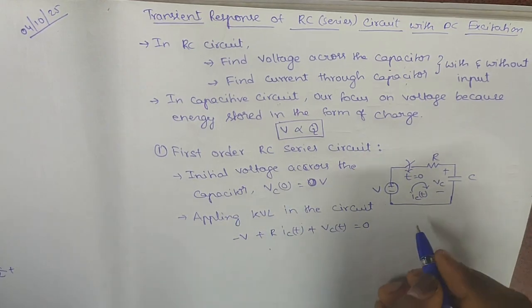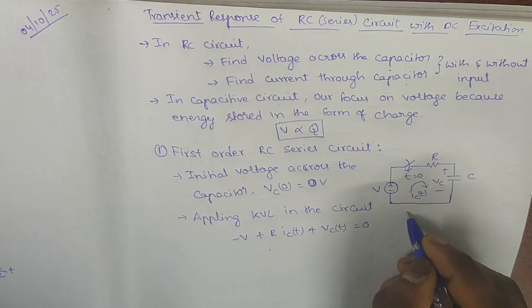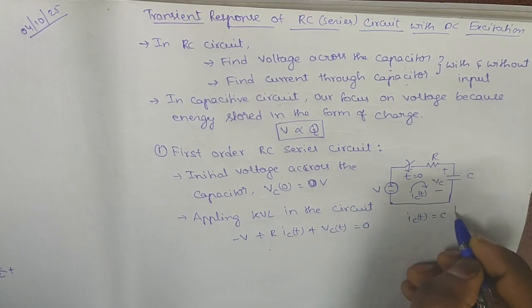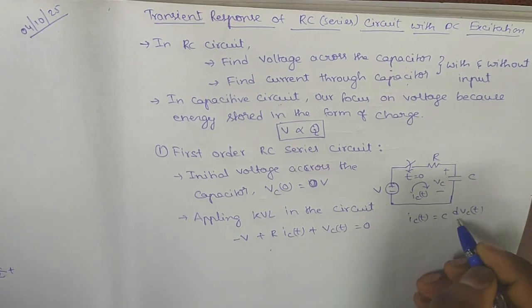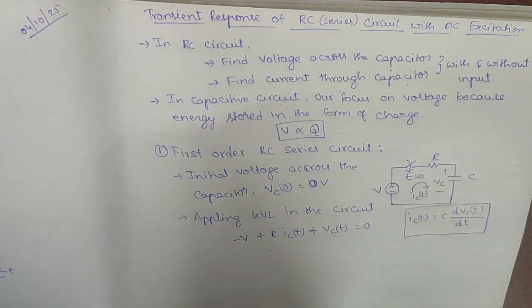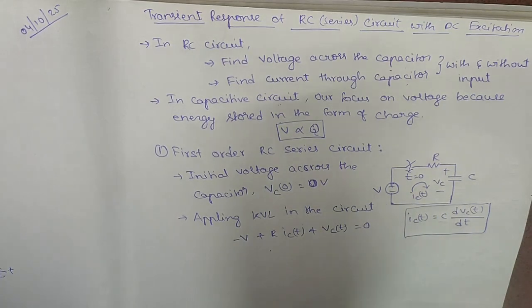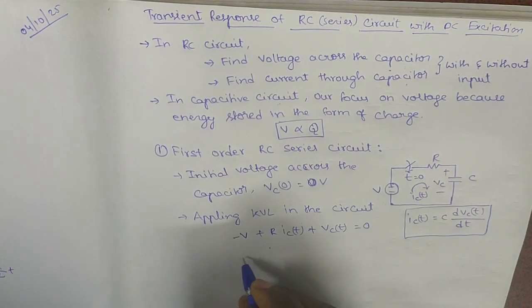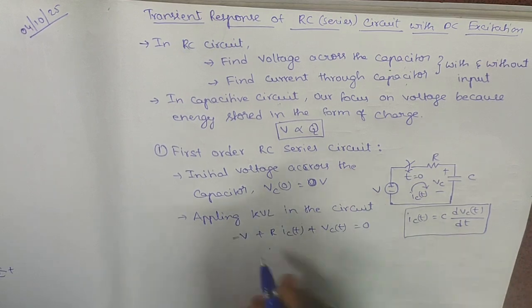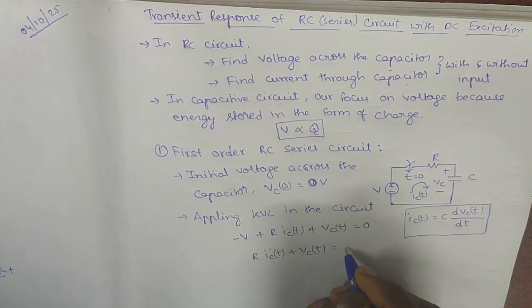We know the current through the capacitor is Ic of t equal to C dVc by dt. This is the basic current relation in a capacitor. So we will reform it: R Ic of t plus Vc of t is equal to V.